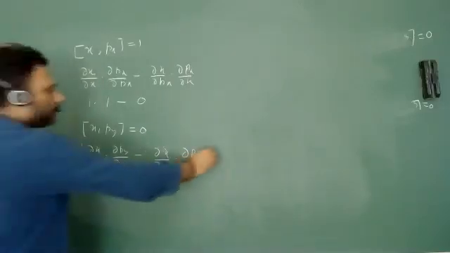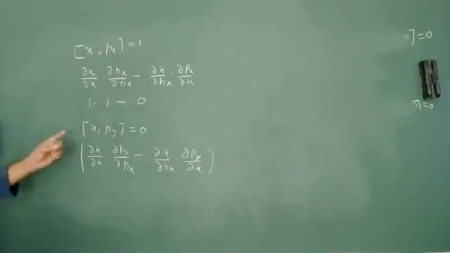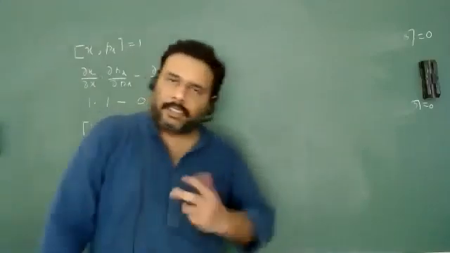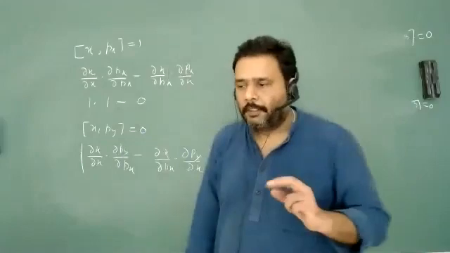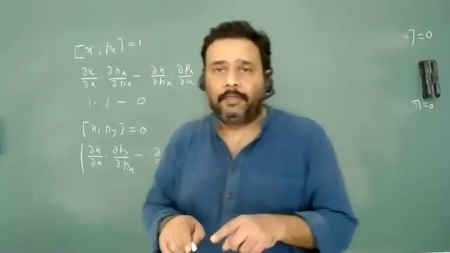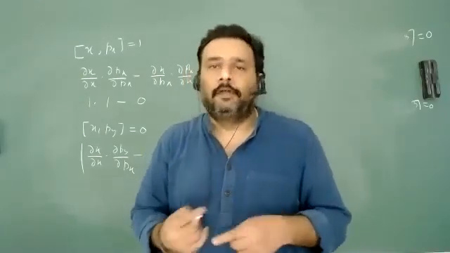And similarly, if you go for y and z, then everything will be 0. So why is this not a conjugate variable? Whenever you have the Poisson bracket between canonical variables, then only it will be 1. Otherwise, it will always be 0.